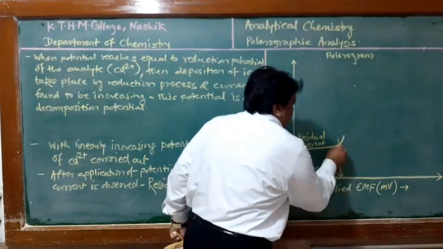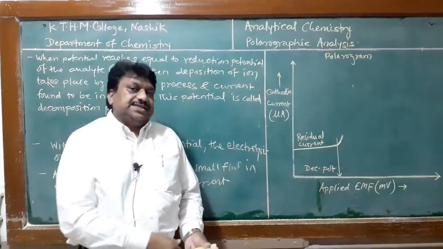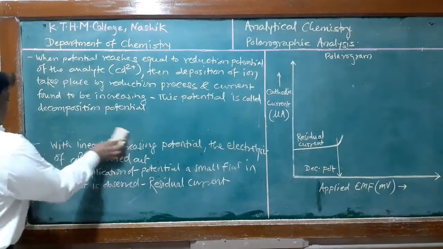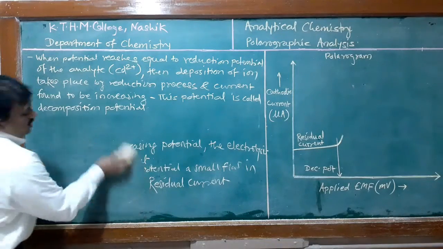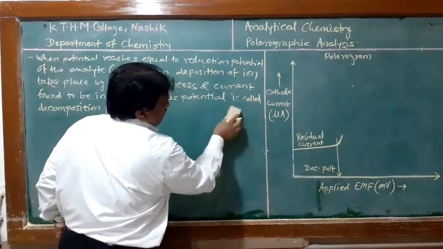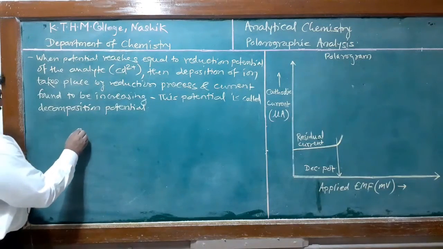Decomposition potential means the potential at which the electrolysis of that substance takes place or starts, and the analyte is deposited onto the mercury drop by reduction process, resulting in the formation of its amalgam.